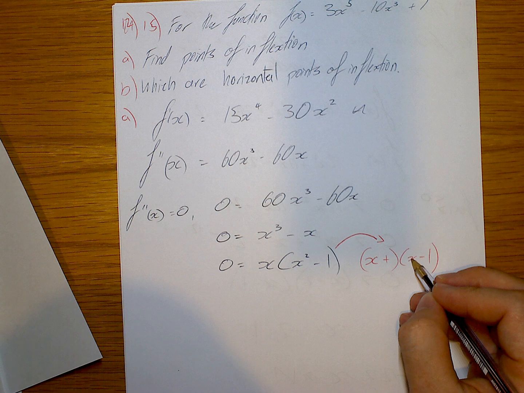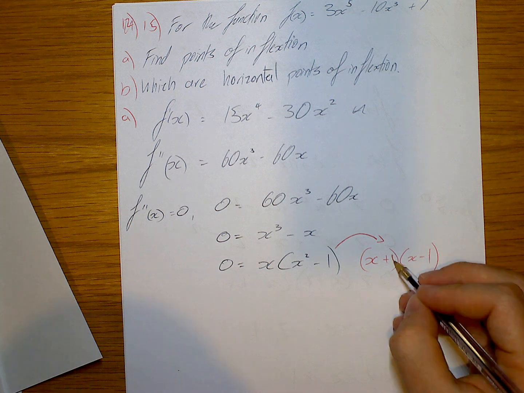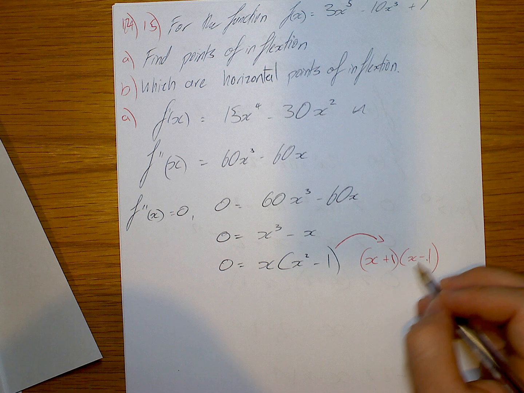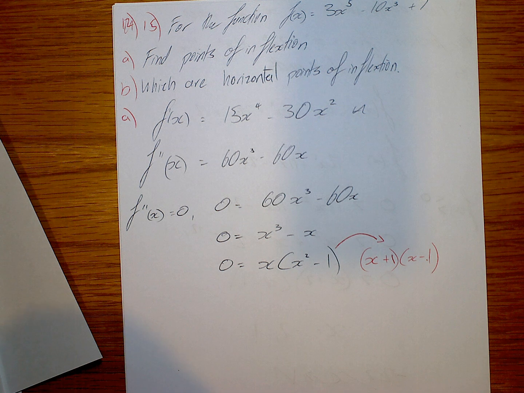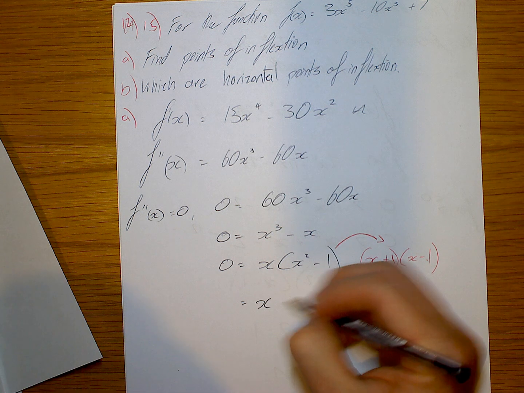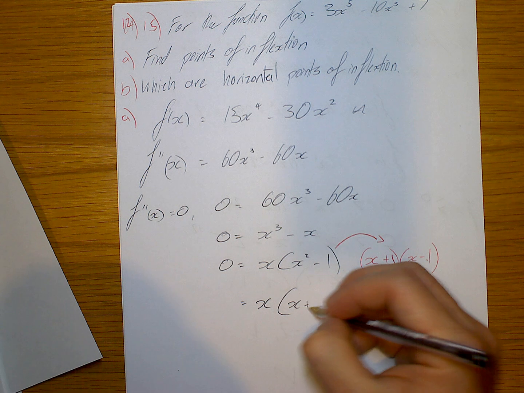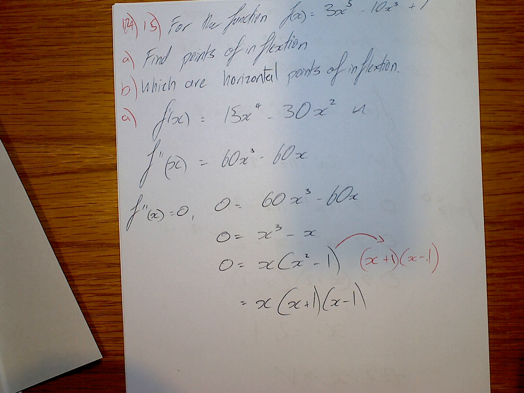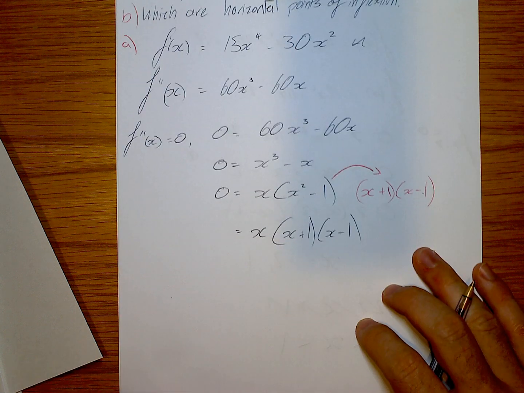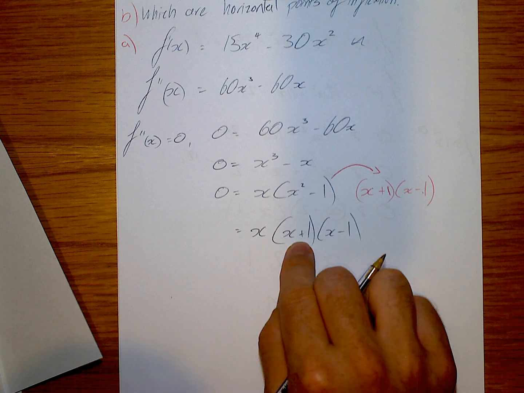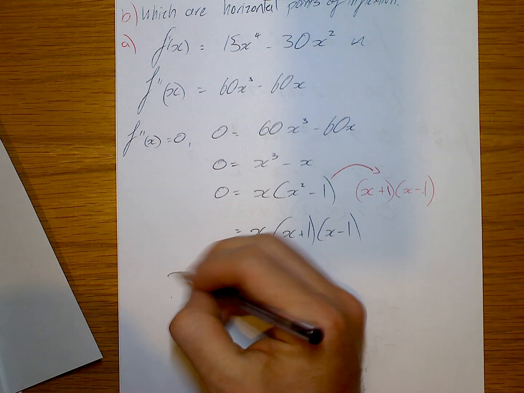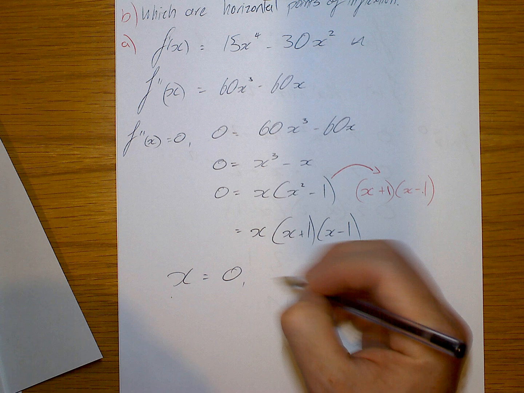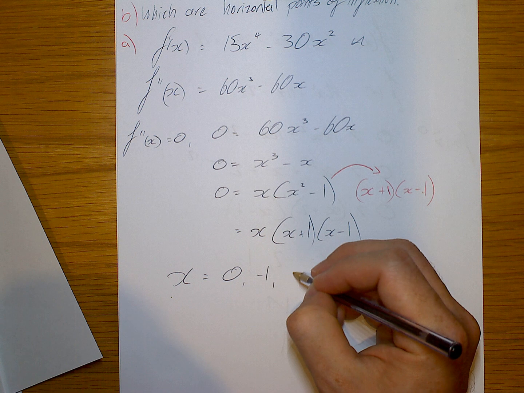If you expand it, that'd be x squared minus 1, with the x and minus x cancelling. So our x values here are going to be 0, negative 1, and 1.